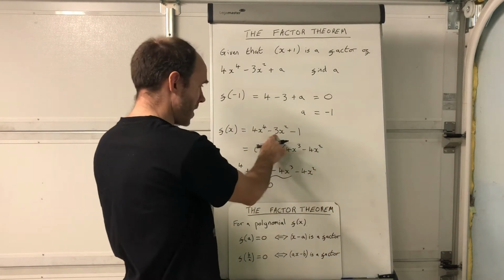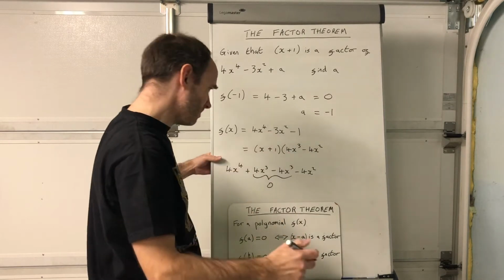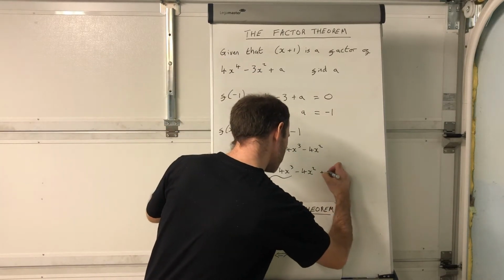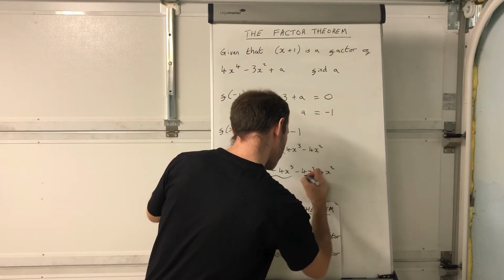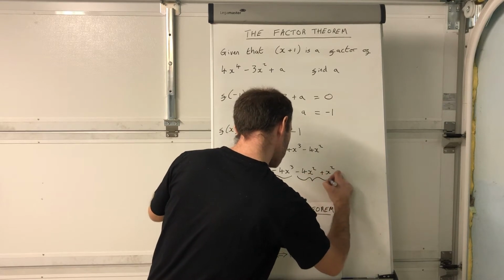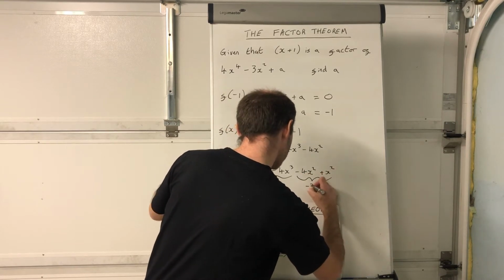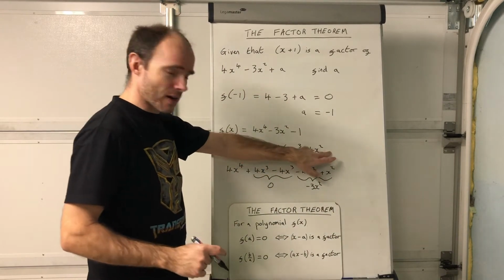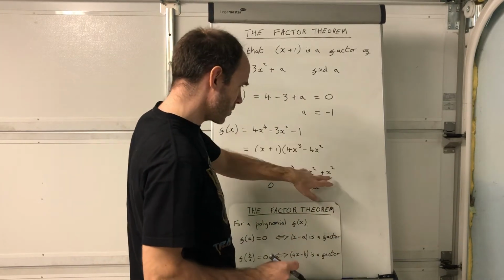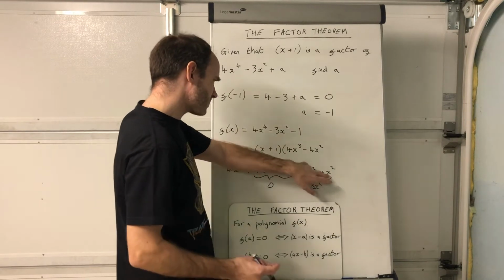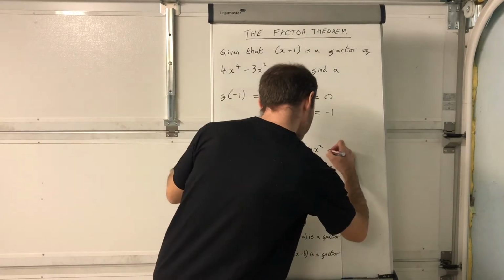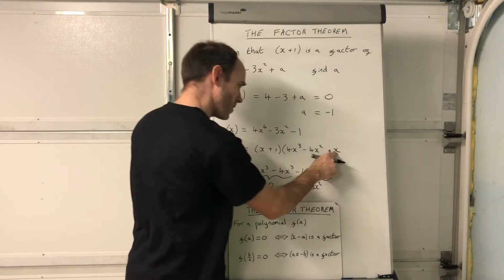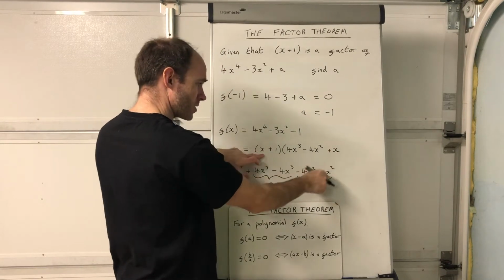Looking to see what I want, I want negative 3x squared, so we're going to add on x squared in order for those to combine to get negative 3x squared. So I'm going to have to decide what I need in order to get plus x squared. If I have plus x there, that would work, wouldn't it? Because x times x is x squared.